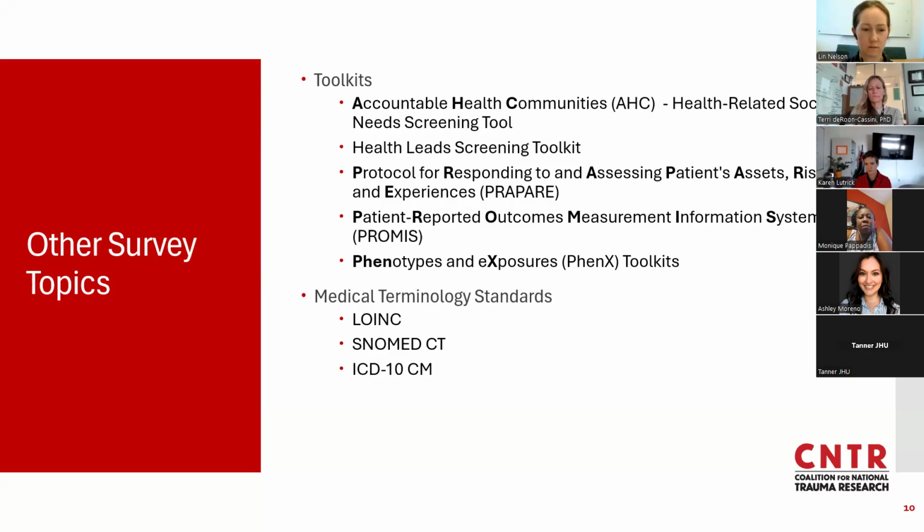The question will be: do you think that this toolkit should be easily implemented into the repository, so that anyone who collects this toolkit can very easily dump that data? If you think that we should create that toolkit, then we will. If not, then we won't. Once again, if you have more recommendations on expanding these toolkits, you'll have the ability to do that in the survey as well.